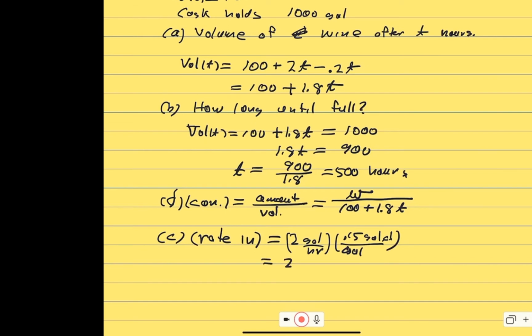So that's going to be 2 times 0.15 is 0.3 gallons per hour.